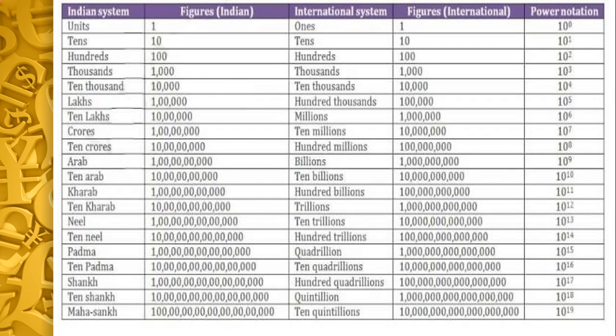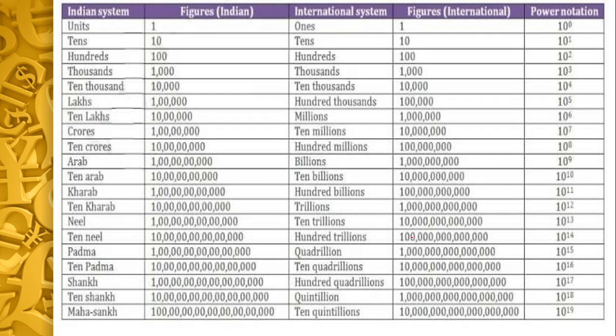Now going further, this is how it looks. We have thousands, after that lakhs, crores, then Arab, Kharab, Nil, Padma, Shank and Mahashank. In the international system it would be hundreds, thousands, millions, billions, trillions, quadrillion and up till quintillion.